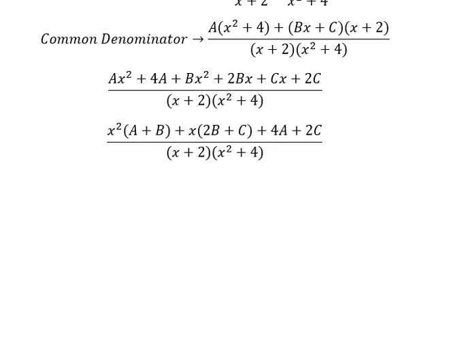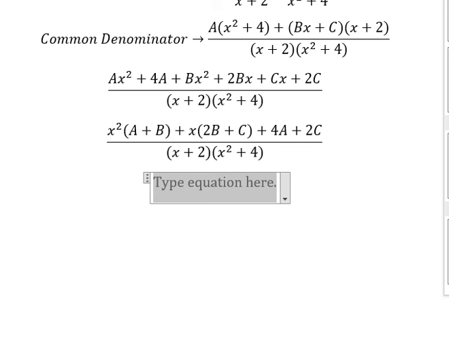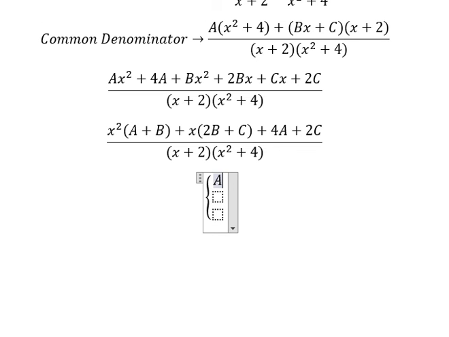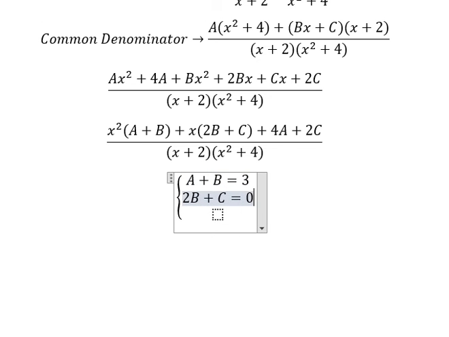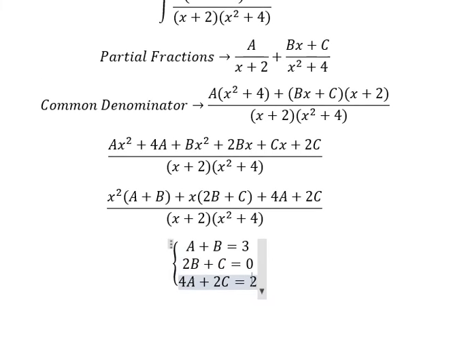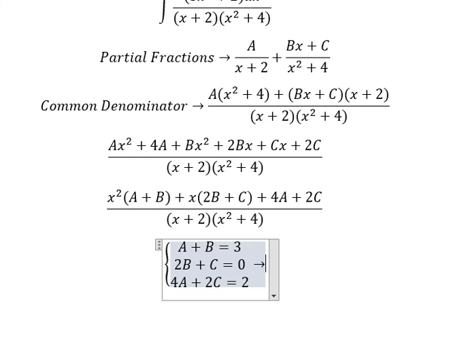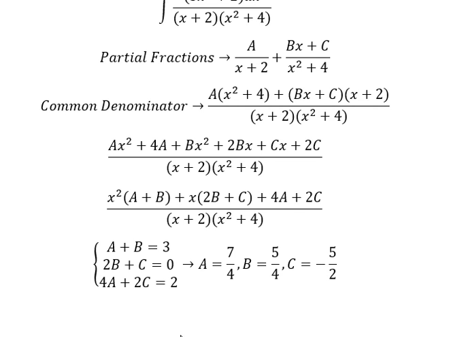And now we create the system of equations. And now we need to find the solutions of A, B, C. So this is about A, B, C. So I will put this one here.